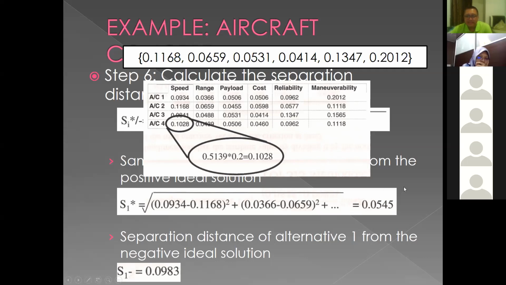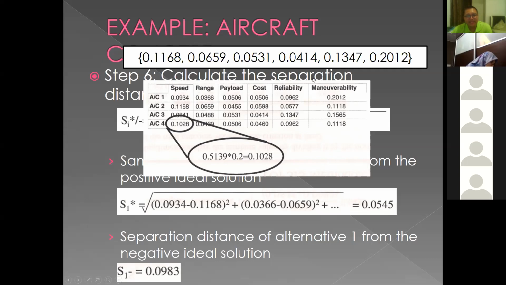Yes, it seems the calculation goes for aircraft one only, right? Yes. Okay. Before this, the calculation is column by column, right? If you notice, it is column by column.